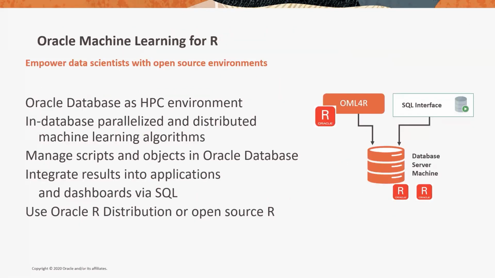So Oracle Machine Learning empowers data scientists and other data professionals with open source R by leveraging the database as a high-performance computing environment. Database tables and views are accessed through R data frame proxy objects with overloaded functionality that produces SQL transparently behind the scenes. The in-database parallelized machine learning algorithms are also exposed through a well-integrated R API.